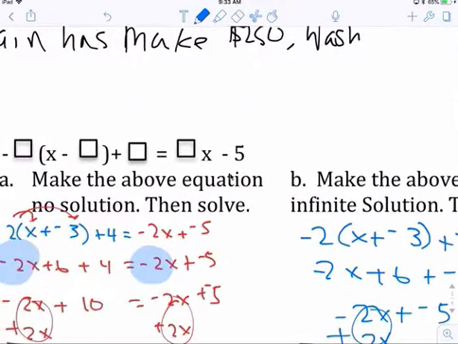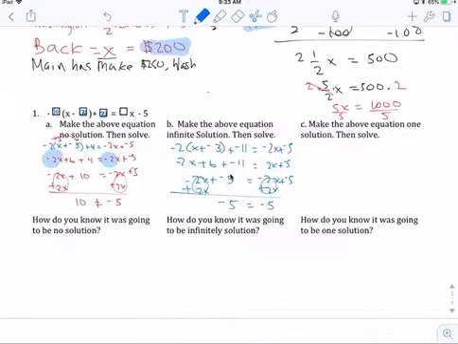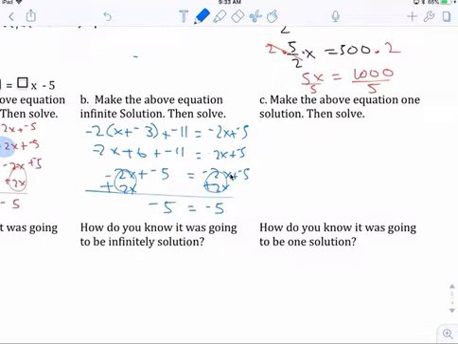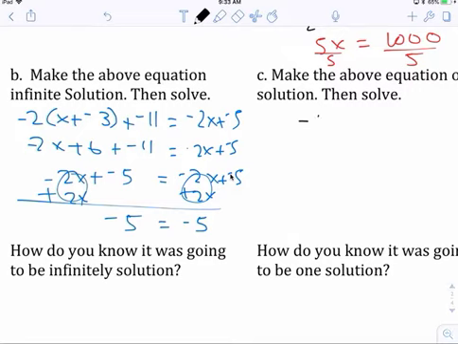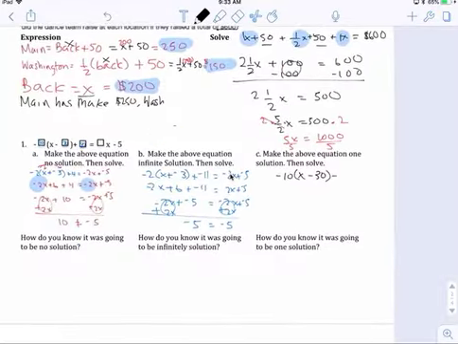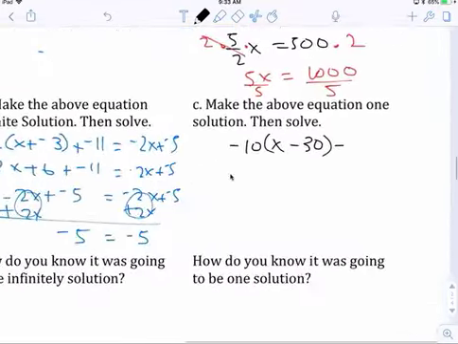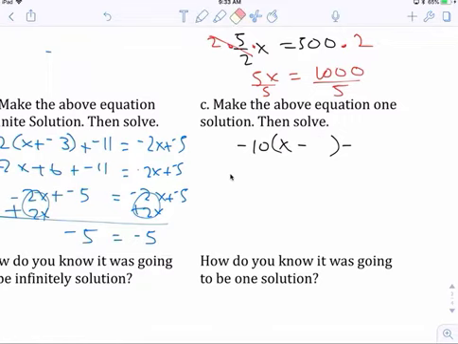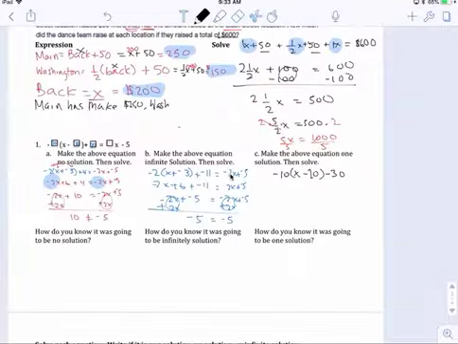Now let's go 10, 20, 30. Big numbers. Let's see. Negative 10, parentheses x minus 30, minus 20, 20 and then 30.